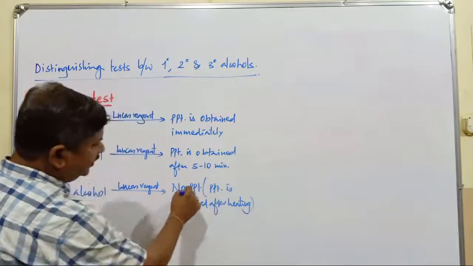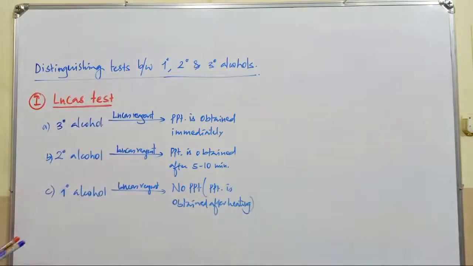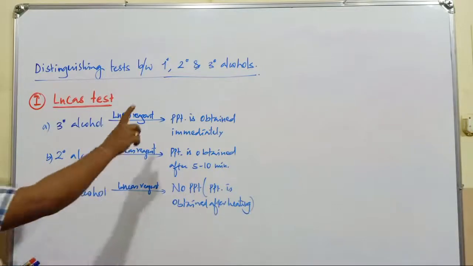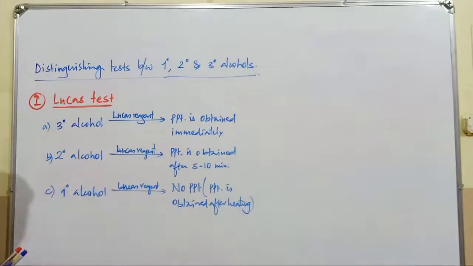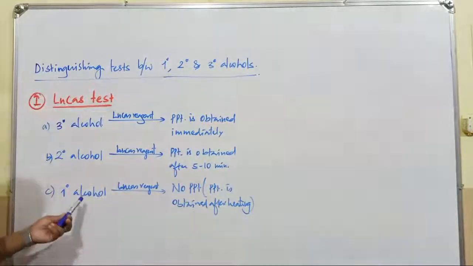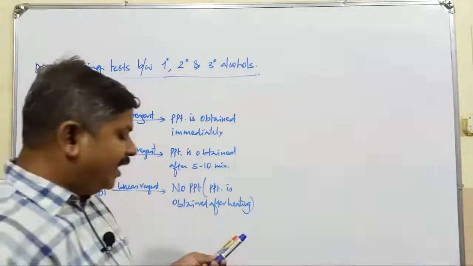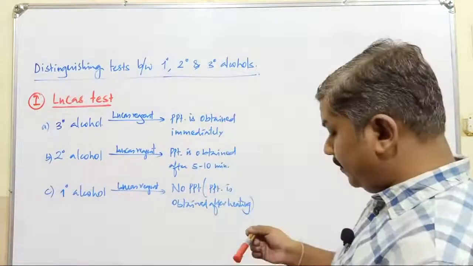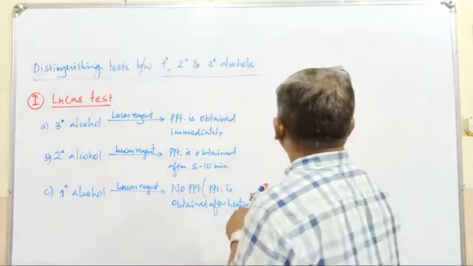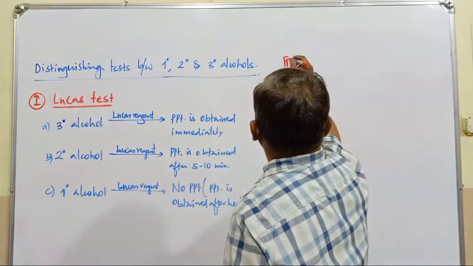If it is this observation, it must be a primary alcohol. If a precipitate is obtained immediately, tertiary. After 5 to 10 minutes, if it is obtained, it is secondary. If there is no precipitate, then the alcohol is which one? Primary alcohol. So this is commonly called what? The Lucas test for the identification of primary, secondary and tertiary alcohols.